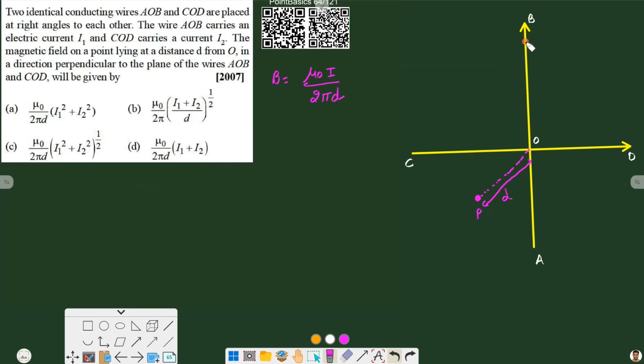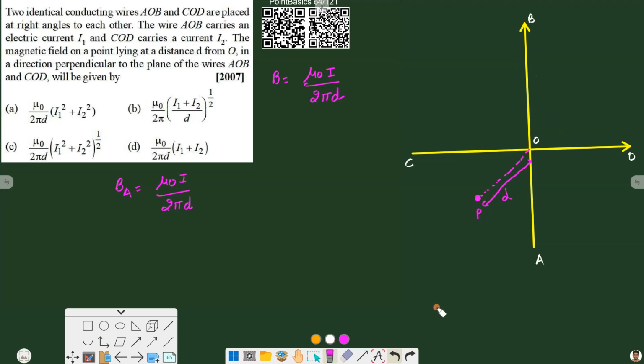Now, suppose we denote this wire by A and this wire by C. So BA will be equal to μ0 I by 2πd, and applying the right hand screw rule for wire AOB with current going in the y direction, the magnetic field at point P, which is perpendicular to the plane, will be in the x direction.